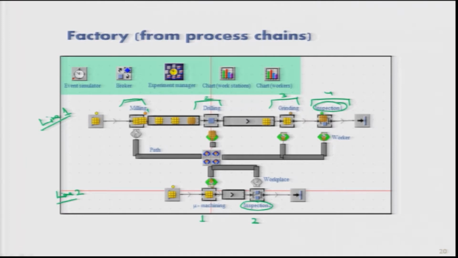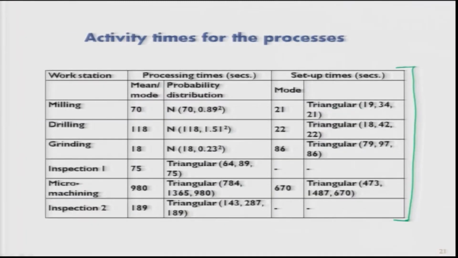both of the inspections are manual inspection, and the setup times are also manual. So, a triangular distribution was chosen here for setup times and also for the inspections. For the other processes, the variability is less, so a normal distribution was chosen.